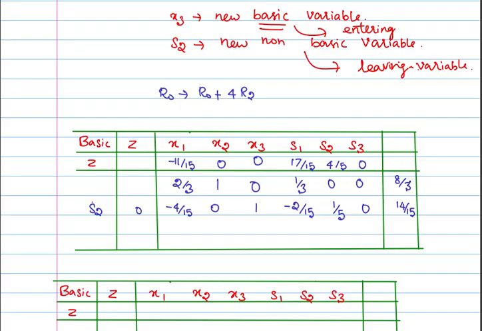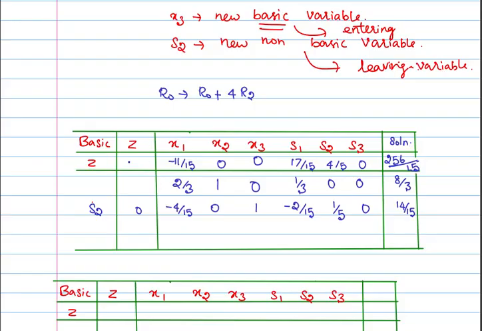What about the solution column? 256 divided by 15. 256 divided by 15, this is our solution column.